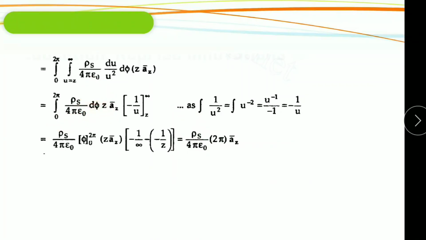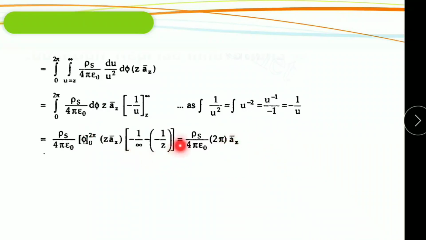Whenever you apply the integration for phi, all the remaining terms you have to take as constants. So integration of d phi is phi, and apply the limits 0 and 2 pi. Applying the limits to phi, this value is equal to 2 pi.